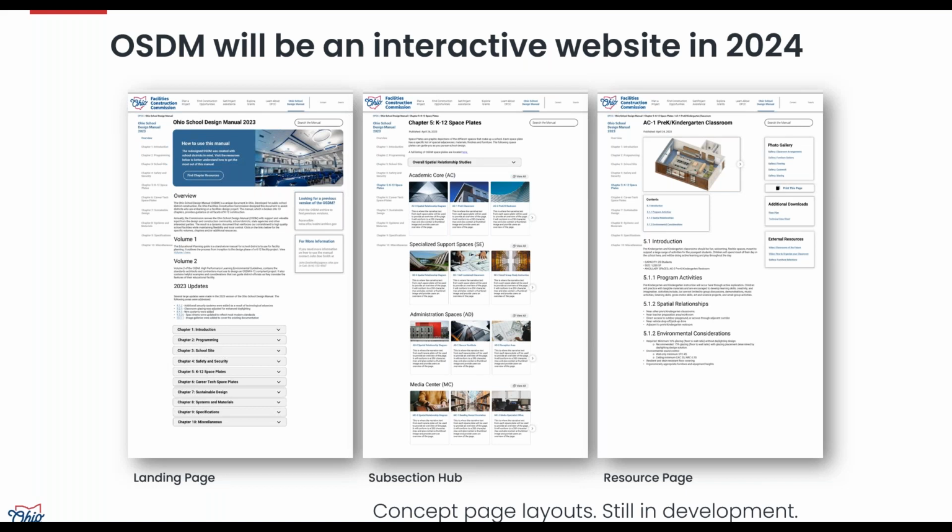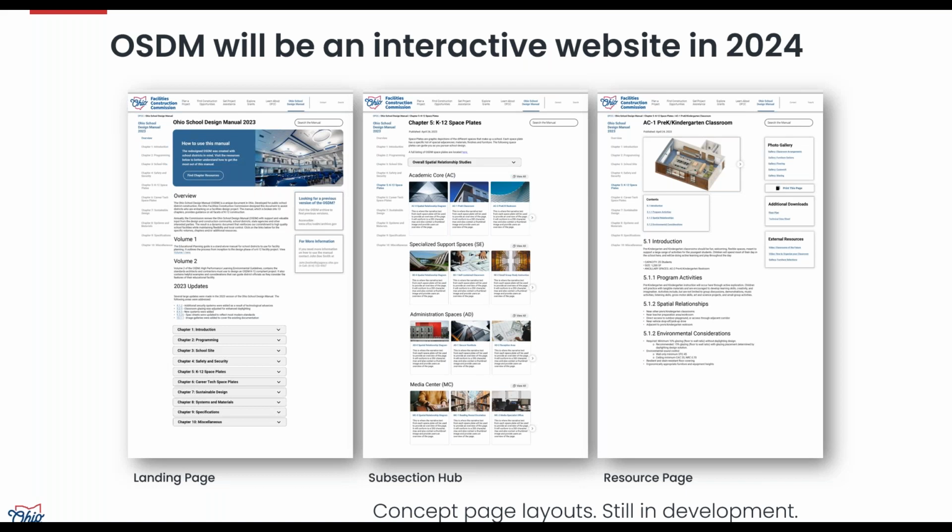Again, TDA, then Design, our consultant, gave us a few insights as to what that digital interface might look like. The first page is titled, as you can see there, landing page. It gives you access to the chapters directly. The middle image, subsection hub. We're talking here about space plates.